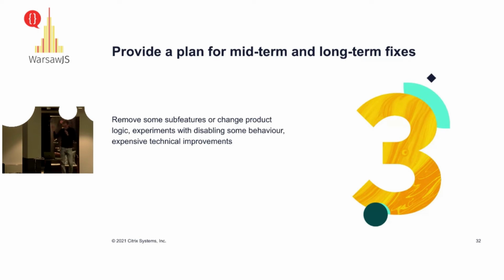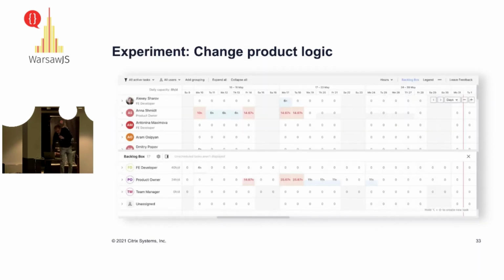So our plan was the following. We understood that our product is complicated, and maybe we could challenge this business logic and get rid of some things. The second part of the plan was to introduce some expensive technical improvements that we already understood we had to do finally.